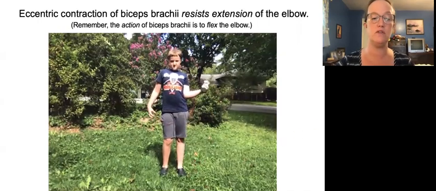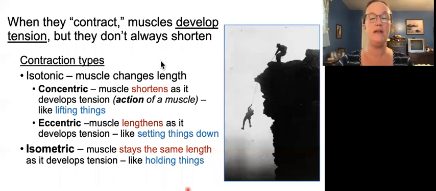Okay, so just to review, when muscles contract, they develop tension, they develop a pulling force, but they don't always shorten. Despite the name contraction, they don't always get shorter. We've got two categories of muscle contraction types. The first is an isotonic contraction, when a muscle changes length as it develops tension.